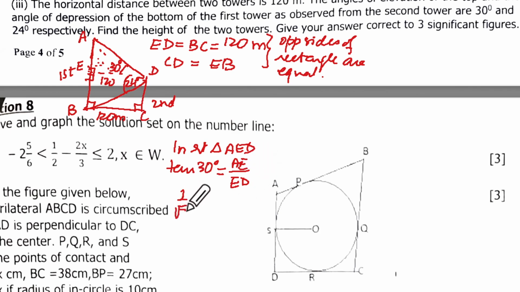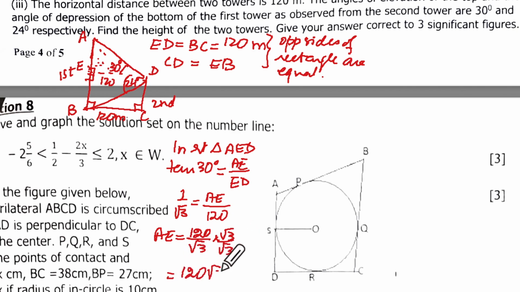So 1 upon root 3 is equal to AE upon 120. So AE is equal to 120 upon root 3, which you will rationalize, and you will get 120 root 3 upon 3, which comes out to be 40 root 3 meters. So AE is 40 root 3.